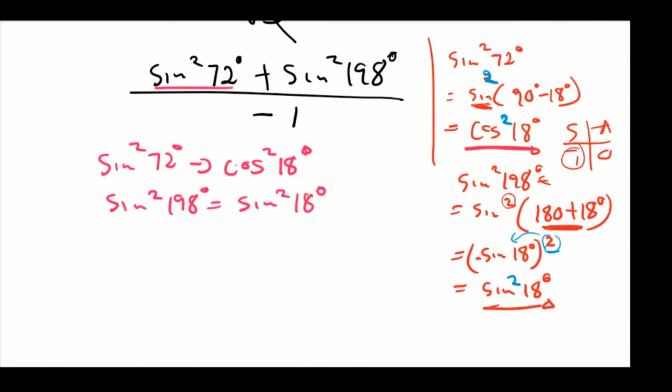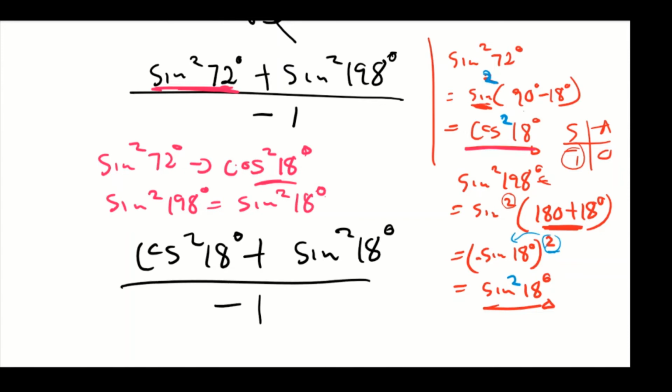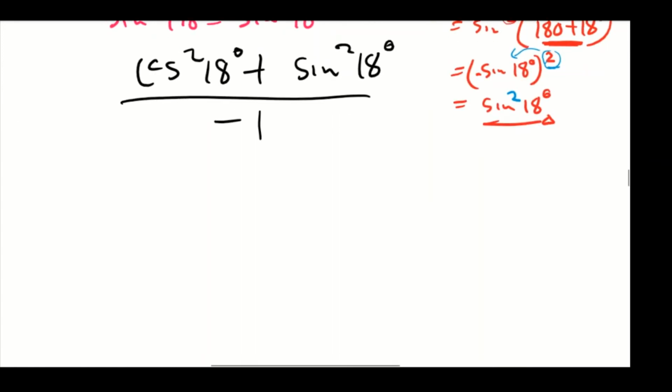So let's write that out. It's going to be cos squared 18 degrees plus sine squared 18 degrees divide by negative 1, right? What you need to note now is this expression at the top is the same as having sine squared x plus cos squared x.